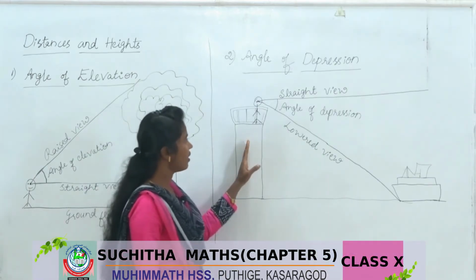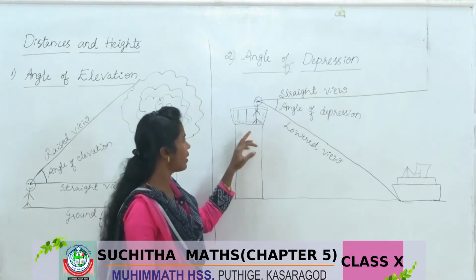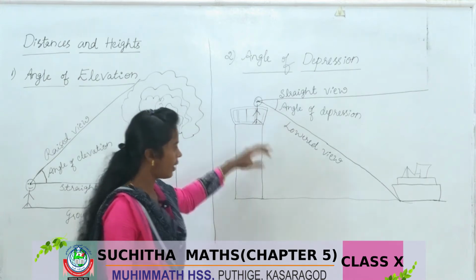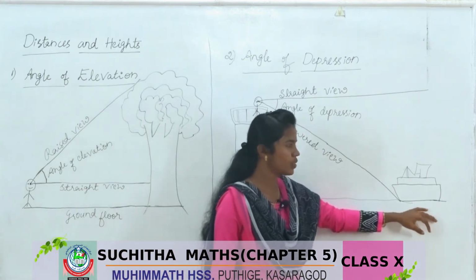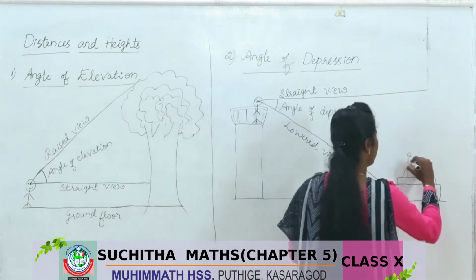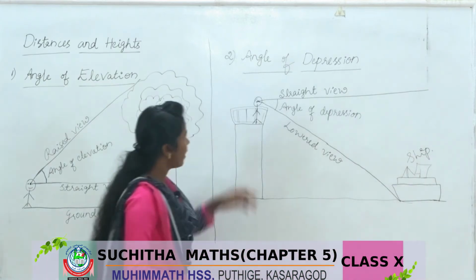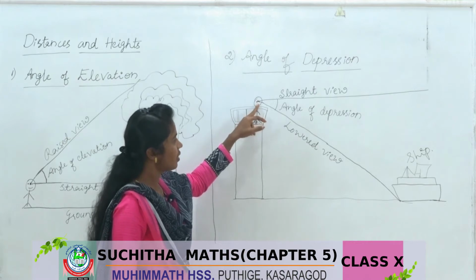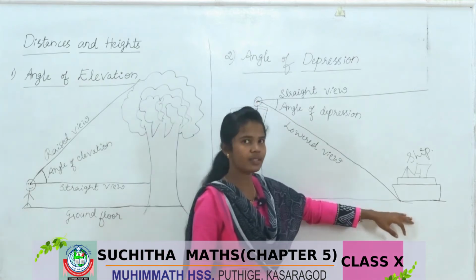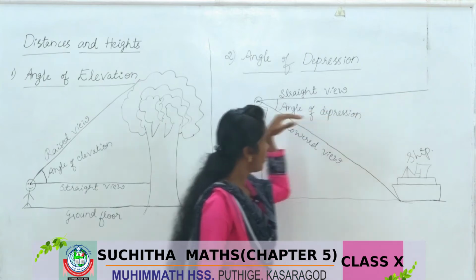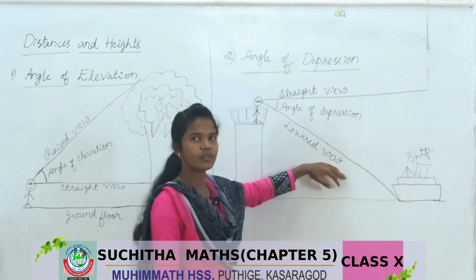Here is a lighthouse, and a man is standing at the top of the lighthouse, and in the water here is a ship. The man is watching the ship in the water. This view is his straight view, and this view is his lowered view.